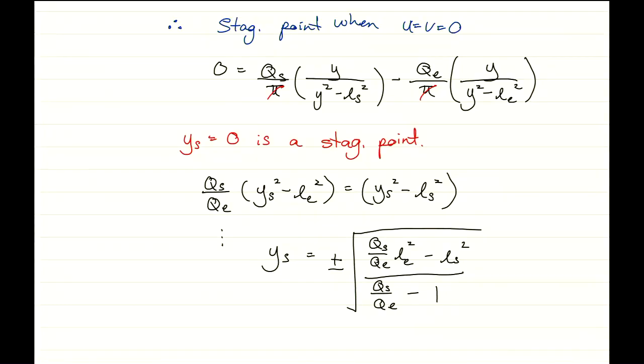Okay, so all I've done is rearrange ys squared to the left-hand side, and then I take the square root of the whole thing. Right? So when are we going to have stagnation points along the y-axis?